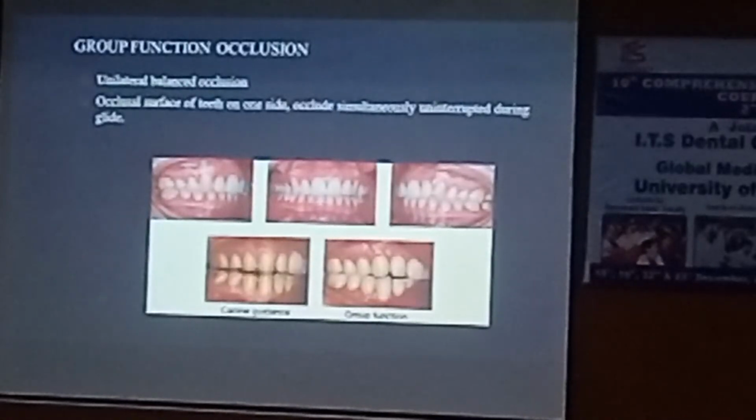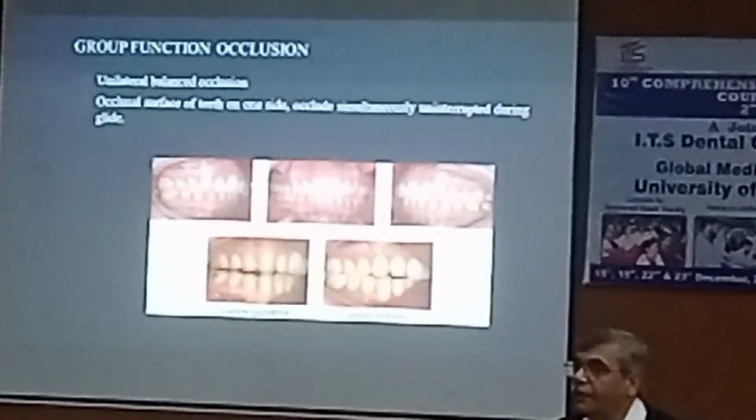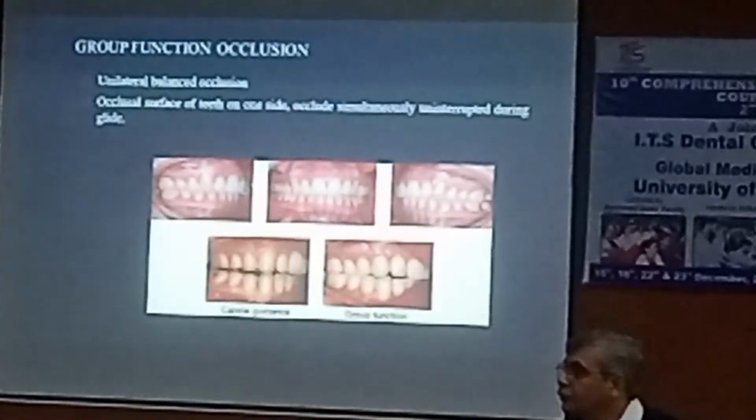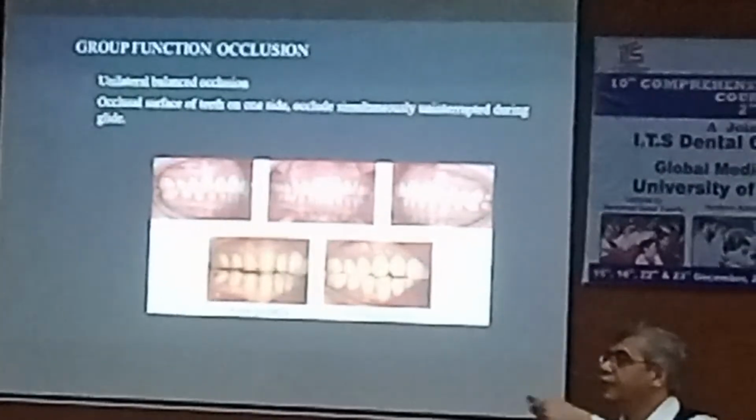You have any question, you ask. Group function, you know? Do you have group function in your mouth, or do you have a canine protected occlusion? Why canine? Why do we need a canine protected occlusion? No, I don't want to explain, because we have discussed many times.